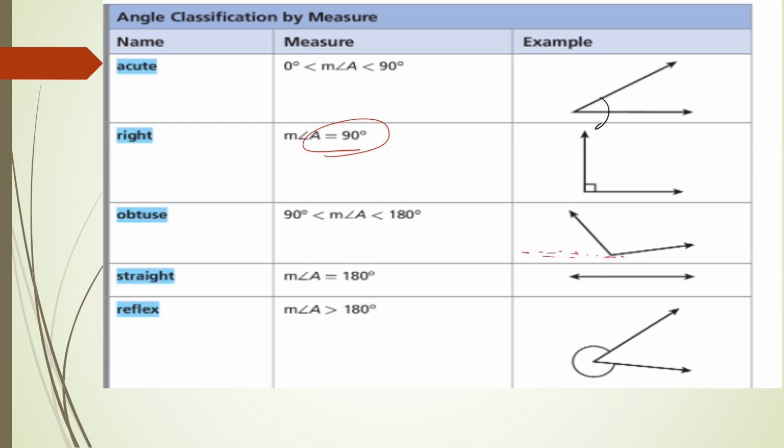Why less than 180 degrees? Because any angle which is 180 degrees is said to be a straight angle. Now the angle which is greater than 180 but less than 360 degrees is said to be a reflex angle.